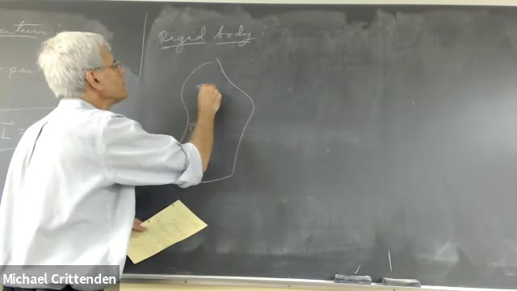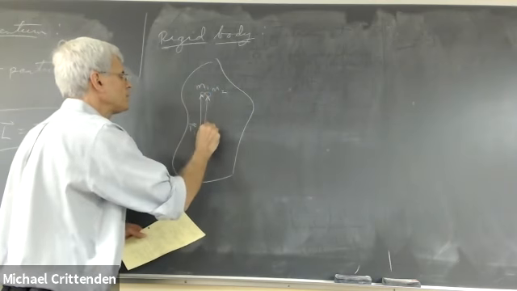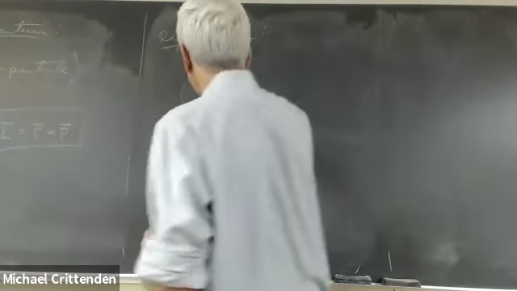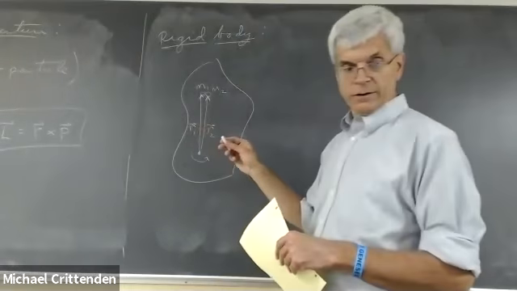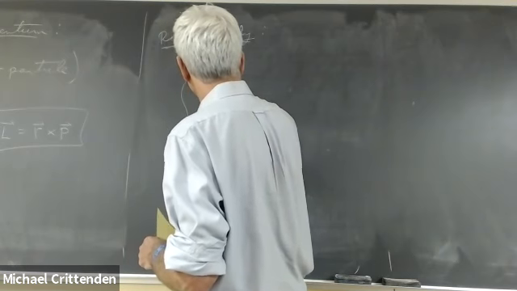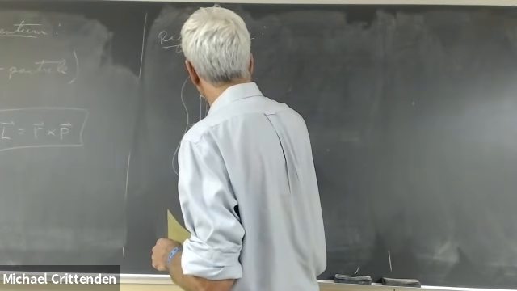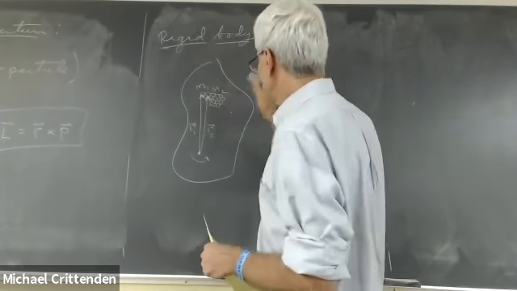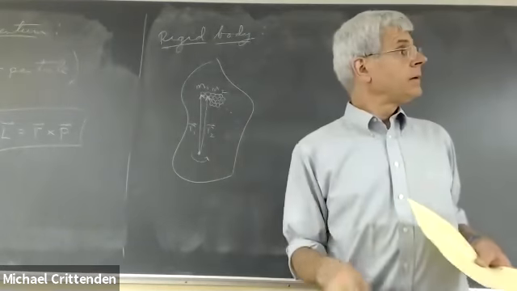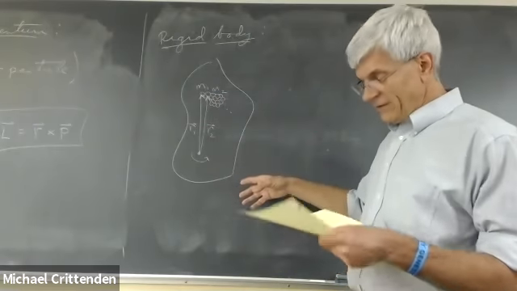And this one next to it has a mass M2 and it's at a distance R2 from the pivot point. If I keep labeling things like that, I'm pretty quickly going to run out of places to write. But the idea is you just keep going like that, dividing the whole body into lots of little pieces.